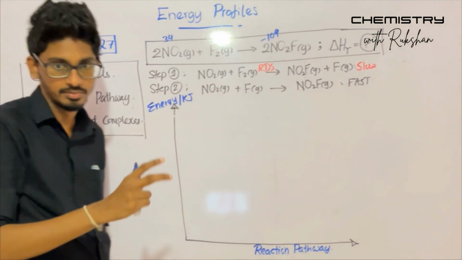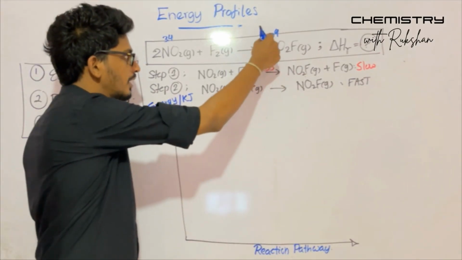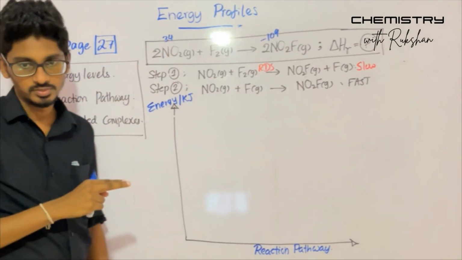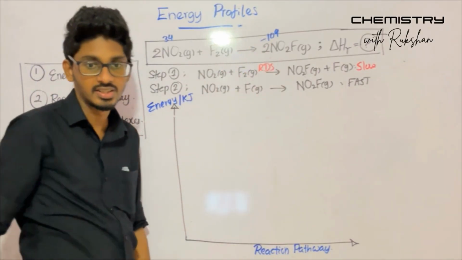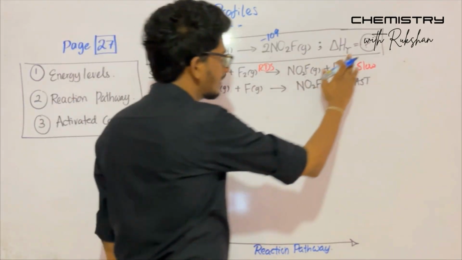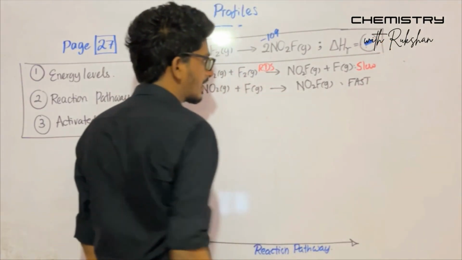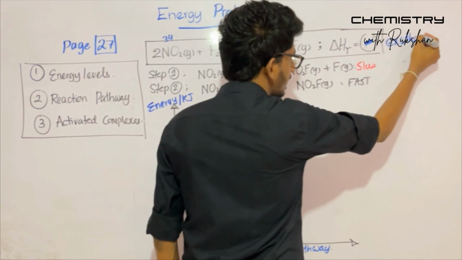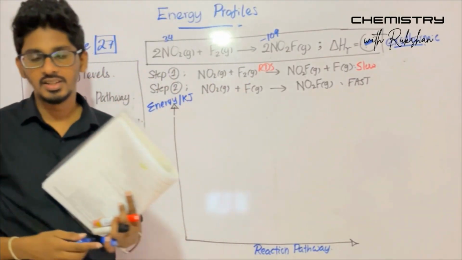If you are to calculate the delta H value, it will be 2 into 109 minus 2 into 34, right? That is your products minus the reactants, so you will get a value. In this case, it is a negative value, so it is an exothermic reaction. So this is the first thing, right?